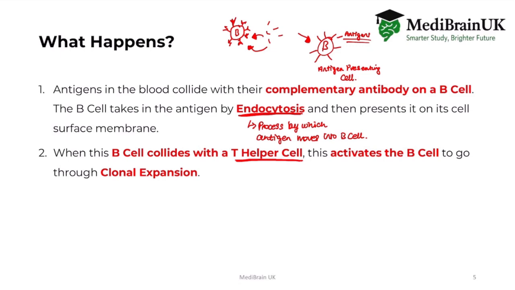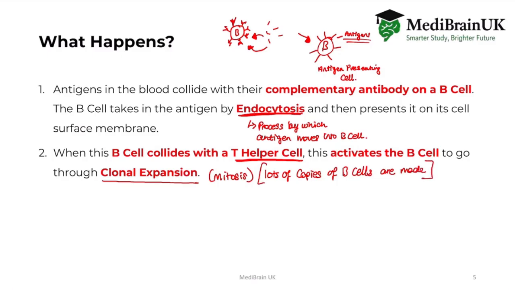Now, once it's been activated, it goes through clonal expansion, and this is basically just mitosis. So this is just mitosis, and what happens is that lots of copies of these B cells are made. Okay, so that's basically what happens.